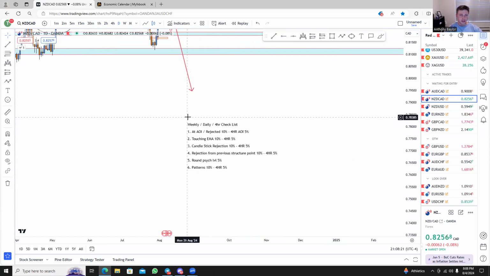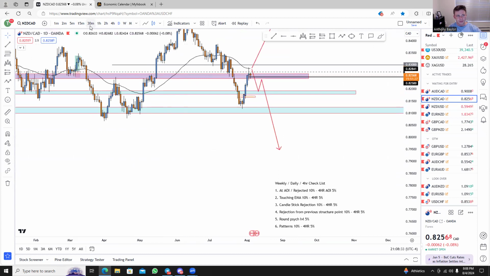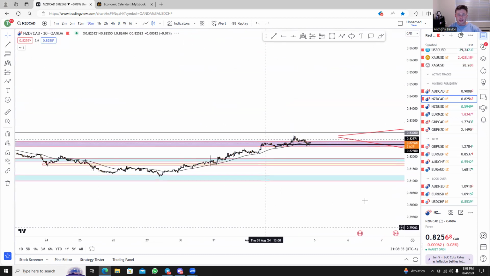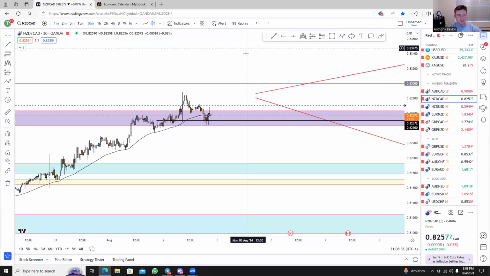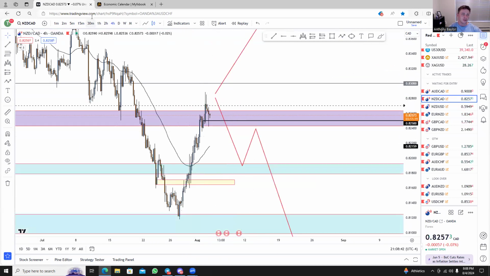I go down my weekly chart, I get areas of interest, get my EMA, candlestick rejection, previous structure, patterns, and I go down to the daily, do the same thing, and then the 4-hour, I do the same thing. For entries, I use the 30-minute and the 15-minute. The 4 hour is to get me in my zone.